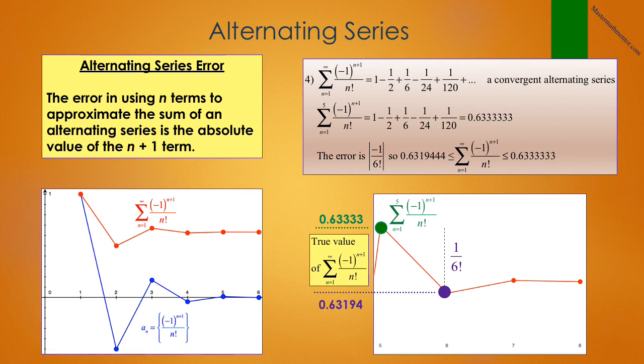Now, since the series is alternating, the next term will go up and then go back down. So the true value of summation n equals 1 to infinity of negative 1 to the n plus 1 over n factorial must be between 0.63194 and 0.63333. Therefore, the maximum error is 1 over 6 factorial.